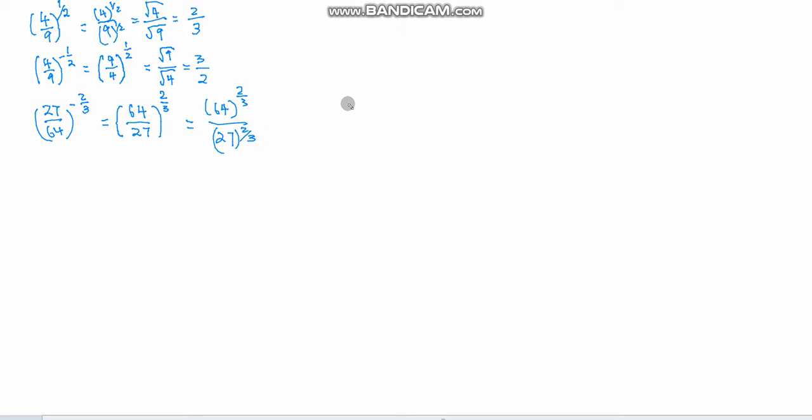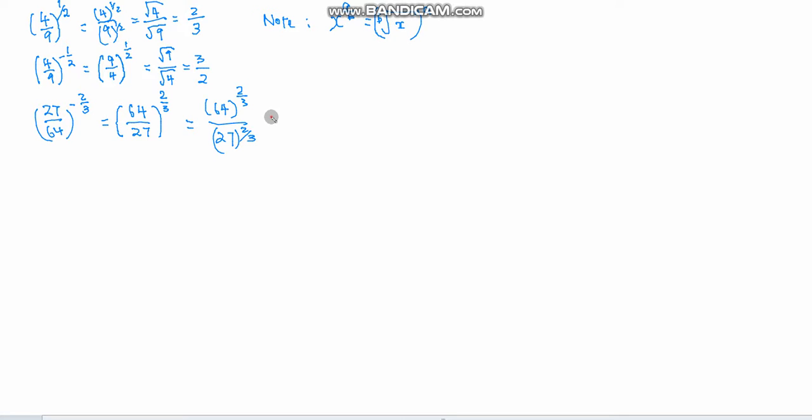Okay, now let's recall the note. We say that x to the power of a over b is actually the b-th root of x, and after the b-th root, you put in the power, which is the numerator. So when you have a fraction for the index, the numerator becomes the power, the denominator becomes the root.